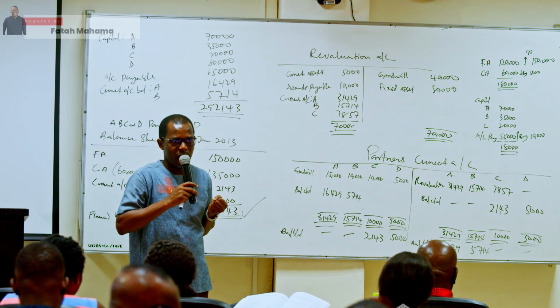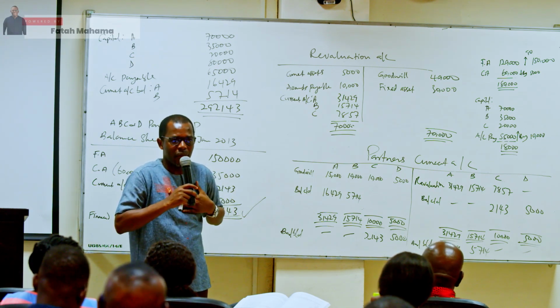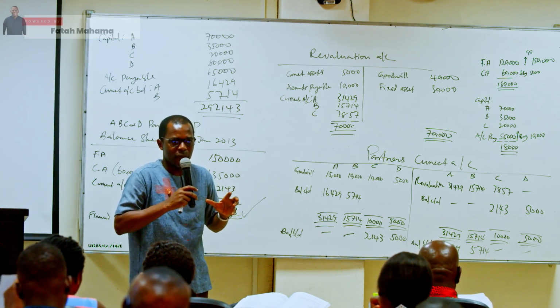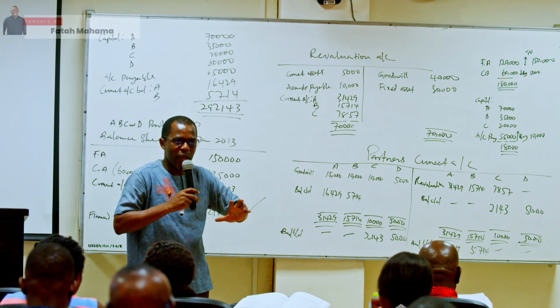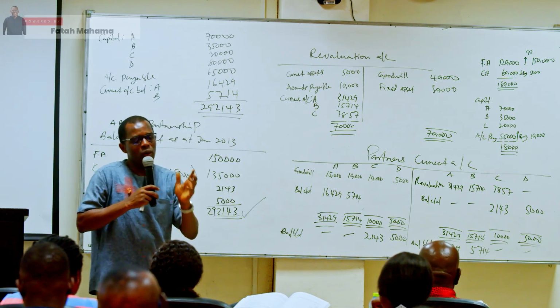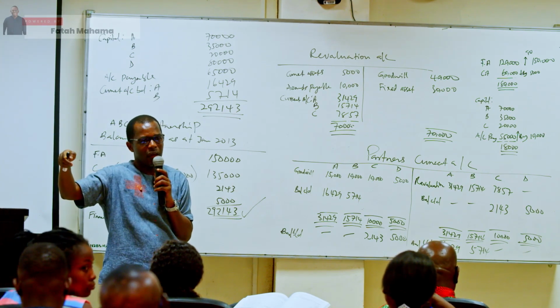You agree? So money would have come into the business. So we'll debit bank. Bank forms part of the current assets, and that's why current assets must increase. Then the corresponding credit will be the capital account of the partner.